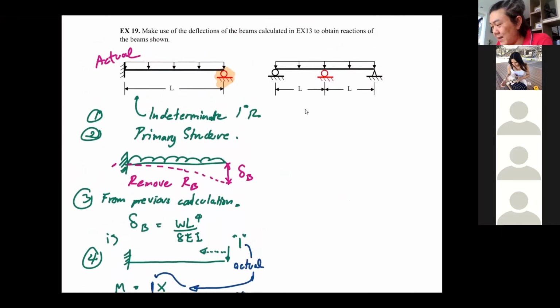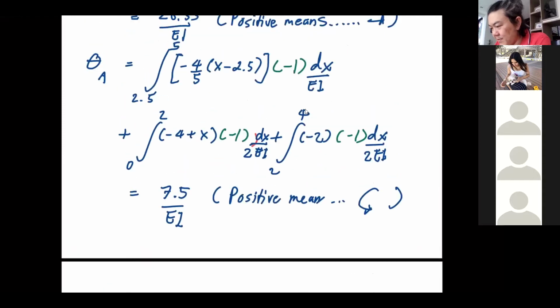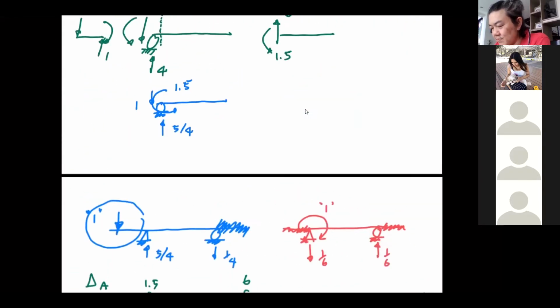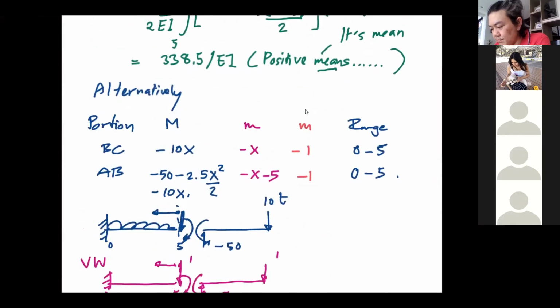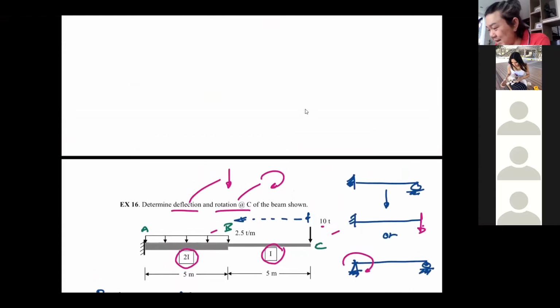Okay, so let's look at another case. Again, we have done the calculation of the displacement of this before, right? In previous examples. So let us go back there and watch. Here, okay?